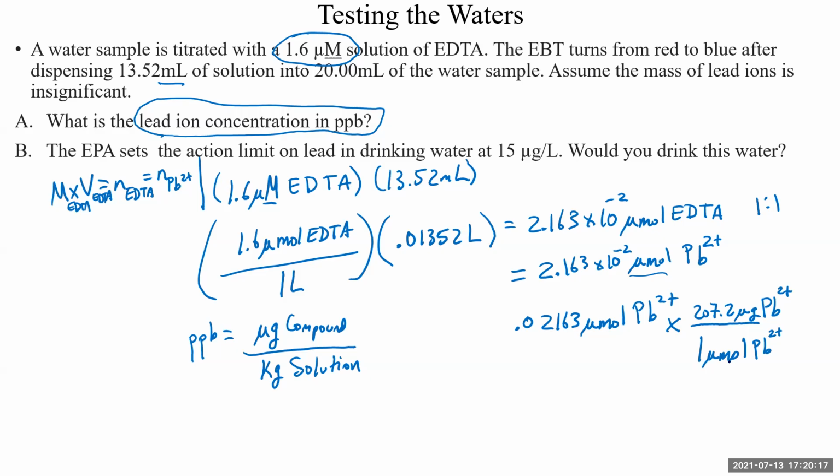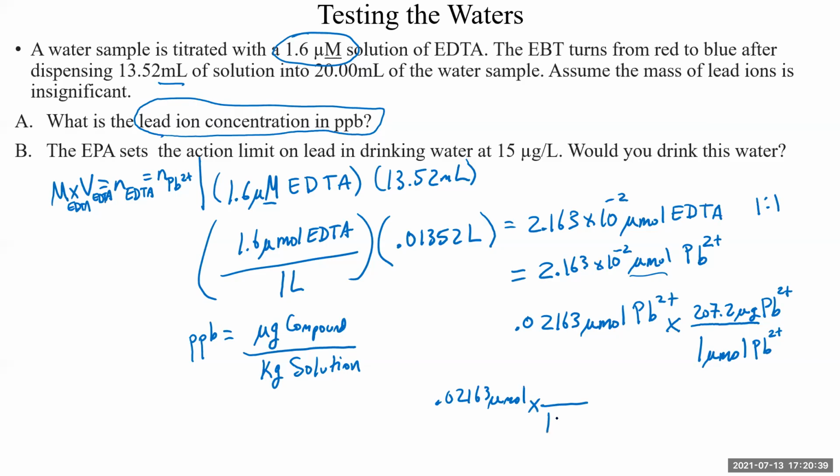All I'm really doing is dividing by 1,000,000 on the bottom and dividing by 1,000,000 on the top. The dividing by 1,000,000 cancels out. And if you're not convinced, I can prove it to you. 0.02163 micromoles.